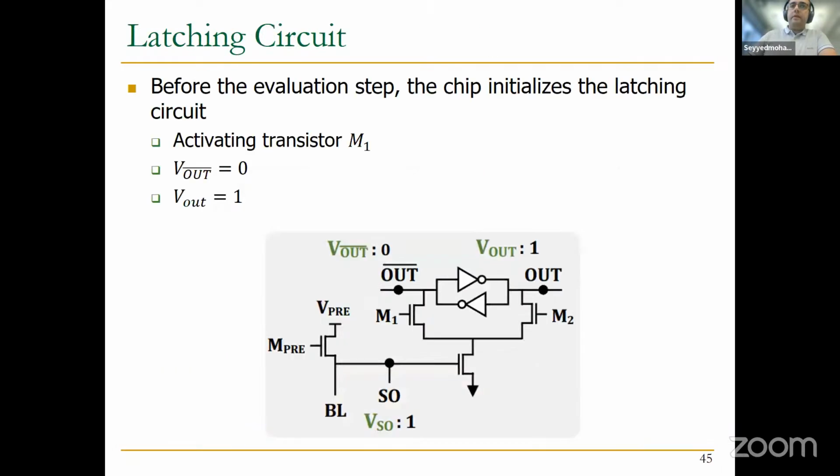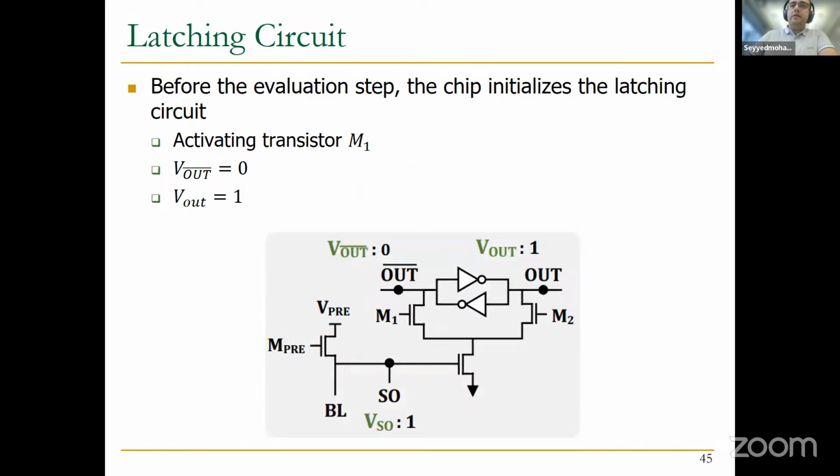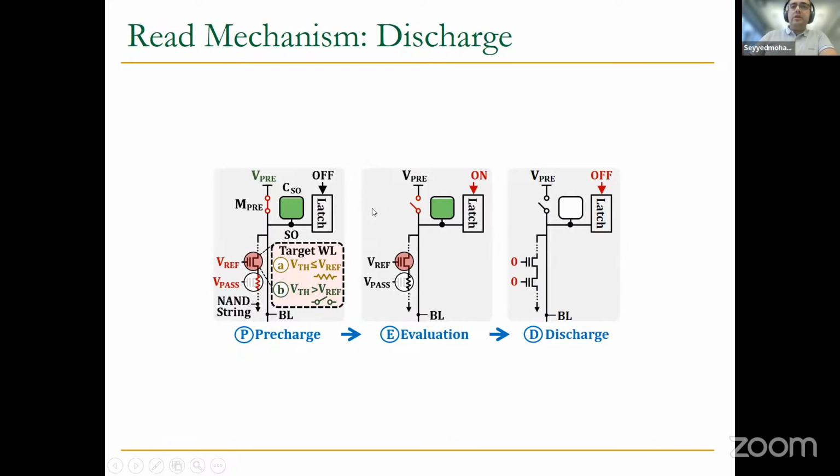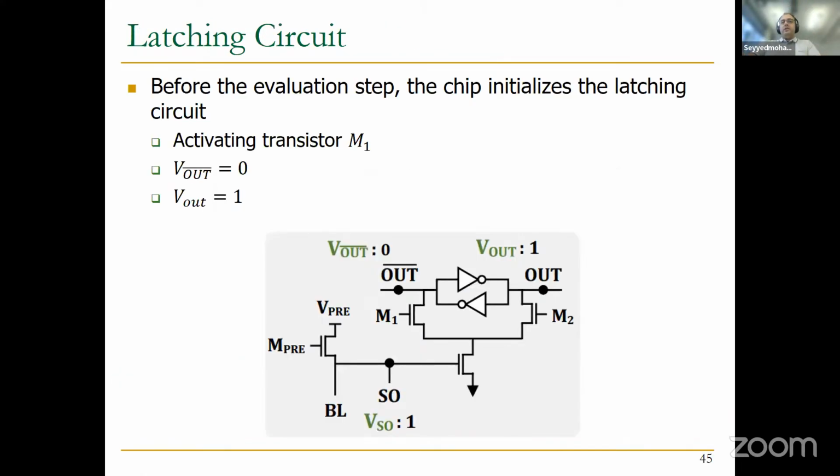Okay. But now let's see the internal circuit for the latching circuit. Before the evaluation step, the chip also initializes the latching circuit. When we say pre-charge, we only talk about the capacitor, but we also need to initialize the latching circuit. How do we initialize it? We need to activate a transistor. Here you can see there are 2 NOT gates in this latching circuit.